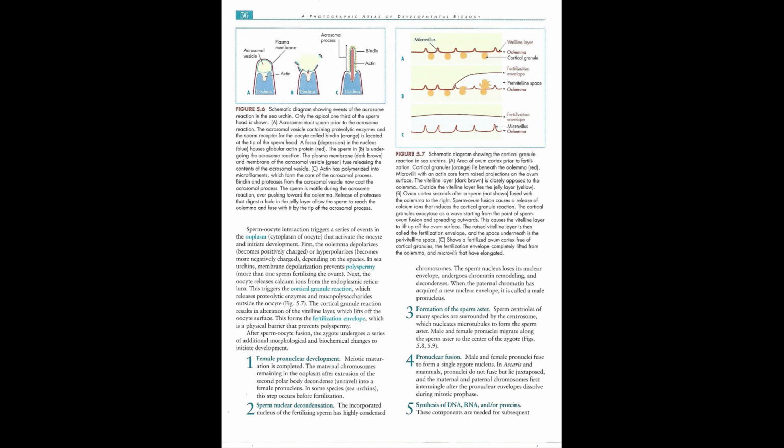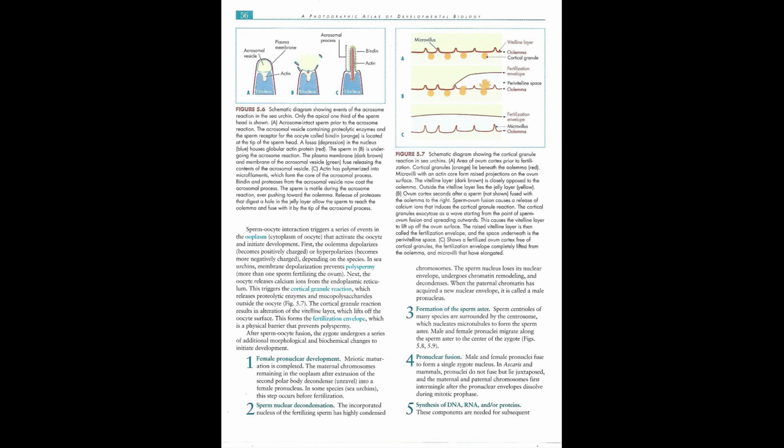In some species, such as sea urchins, this step occurs before fertilization. Sperm nuclear decondensation: the incorporated nucleus of the fertilizing sperm has highly condensed chromosomes. The sperm nucleus loses its nuclear envelope, undergoes chromatin remodeling, and decondenses. When the paternal chromatin has acquired a new nuclear envelope, it is called a male pronucleus.